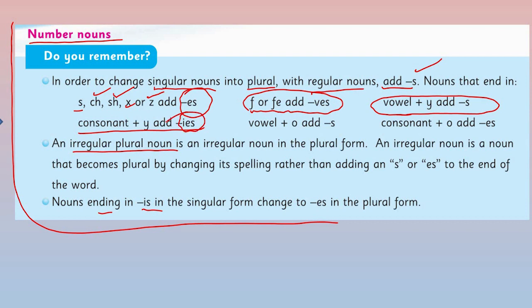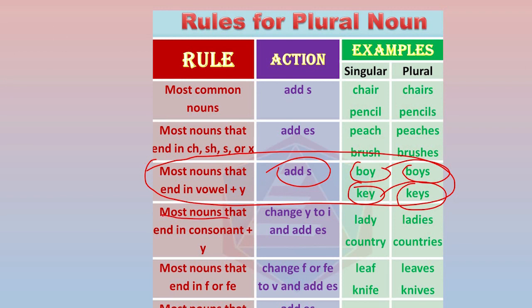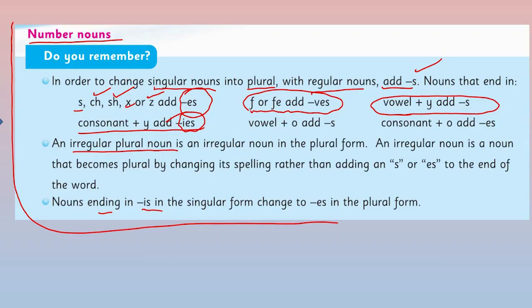Look at the example. Most nouns that end in consonant plus y sound, we change y to i and add es at the end to make it plural. Like here, lady, ladies. We removed the y here and added ies. Country, countries.